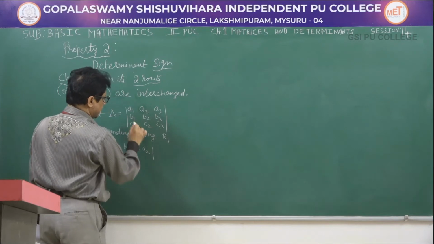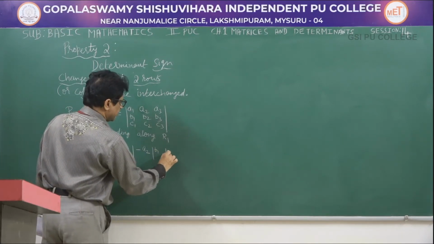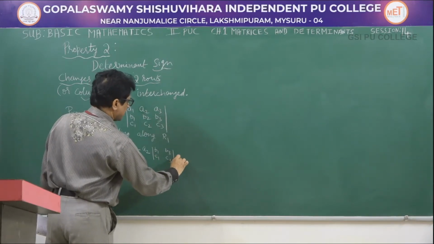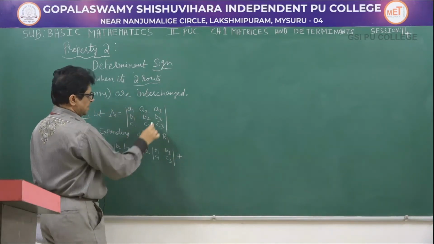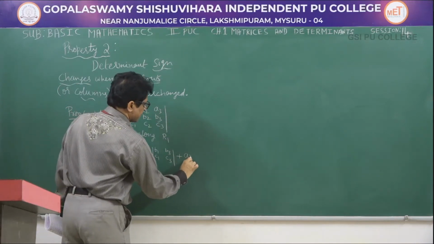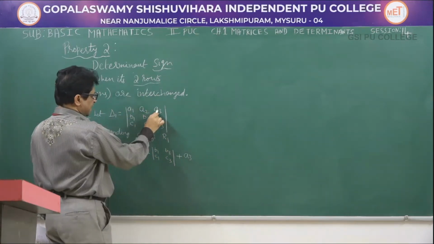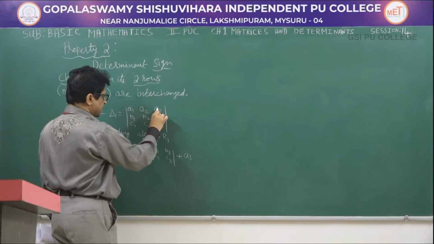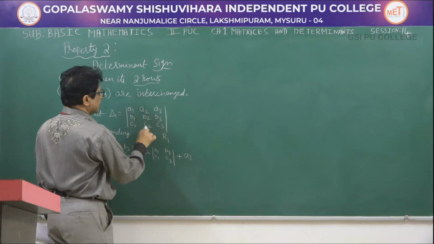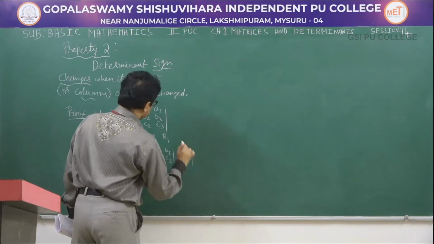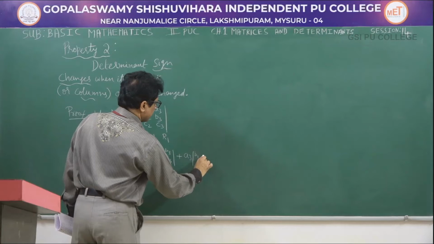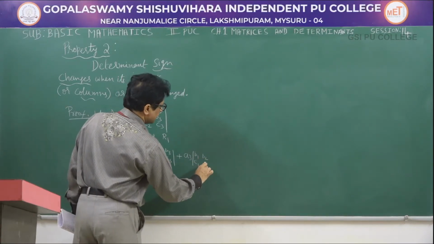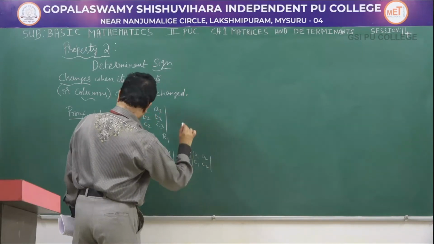Plus next element is A3 into, so A3 lies in the first row third column. Eliminating the first row and third column, we take the determinant of the remaining elements, that is determinant of B1, B2, C1, C2.